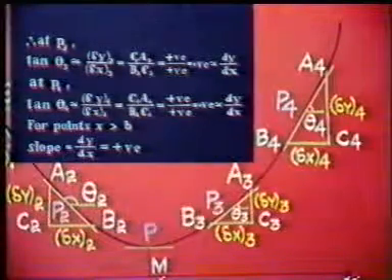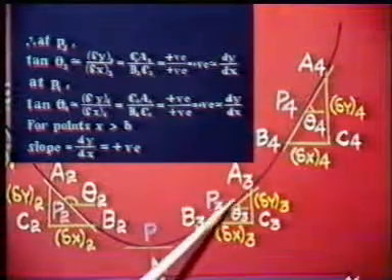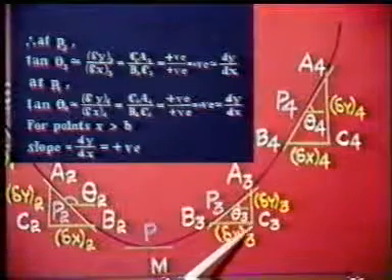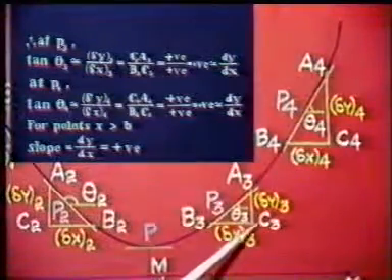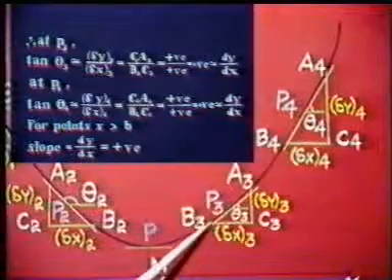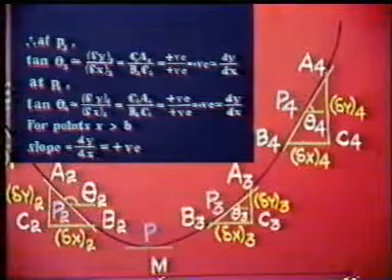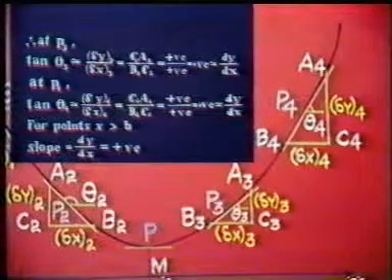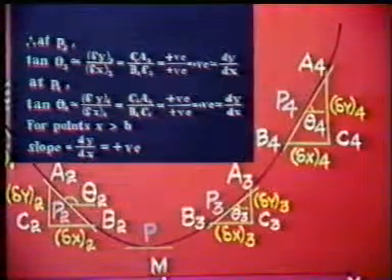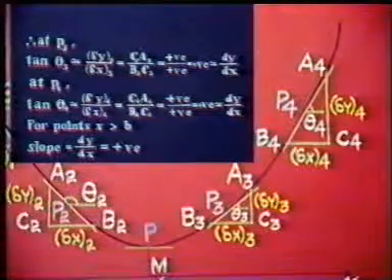Therefore, at point P3, tan theta 3 is approximately equal to delta y3 divided by delta x3 is equal to C3A3 divided by B3C3, is equal to positive divided by positive, is positive, and is approximately equal to dy upon dx.